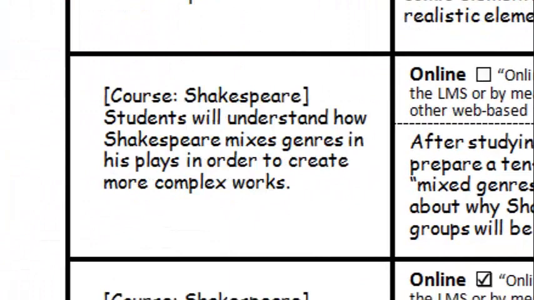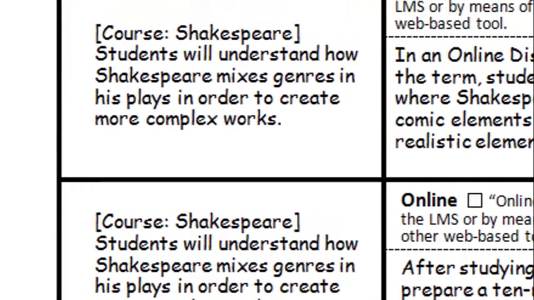Now let's look at the next learning outcome, because I want to emphasize how the offline and online components can build upon one another to create a truly blended course. So, the next learning outcome that is listed is actually the same as the previous learning outcome. Namely, students will understand how Shakespeare mixes genres in his plays in order to create more complex works.